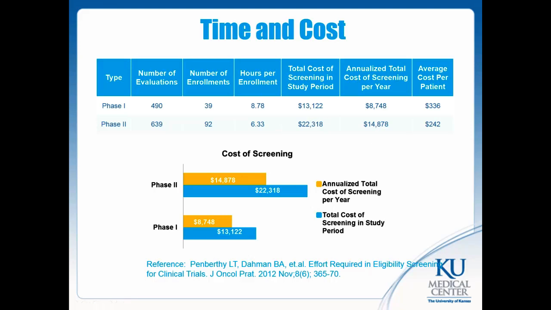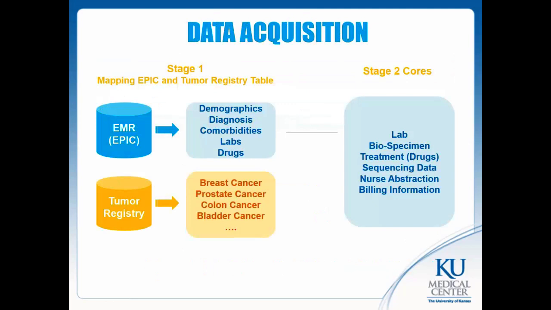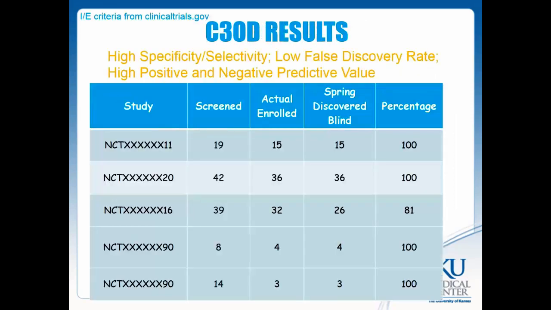In order to avoid this, what we have done over the years is pull data from the EHR and look at various common variables across these data sources. Once we pulled it in, we wanted to do a validation. So we took recently concluded investigator-initiated trials conducted at our cancer center, took their inclusion and exclusion criteria, and ran them through our C3OD.